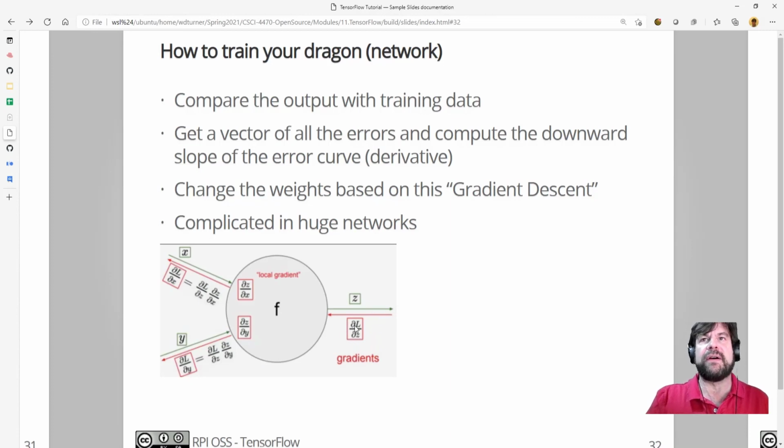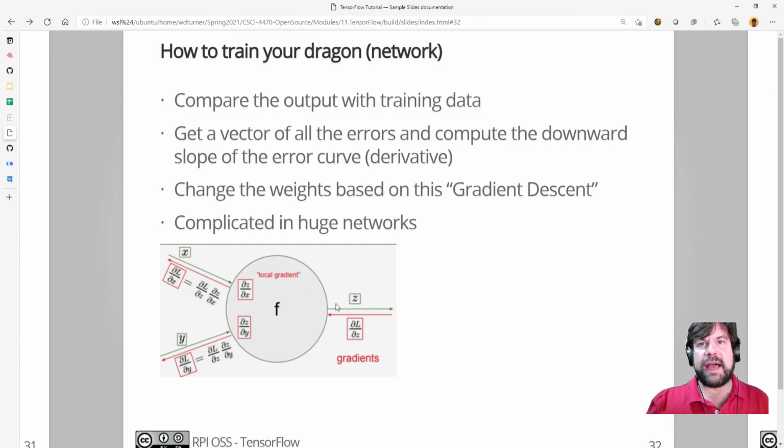So the partial of L with respect to z is the change we want to see, the direction we want to see z move. And given we want z to move in this direction, we can calculate the partial of the z function, knowing we're using, for example, a perceptron in here.